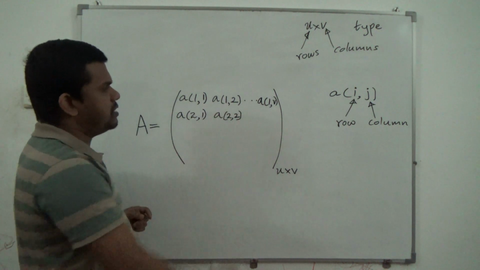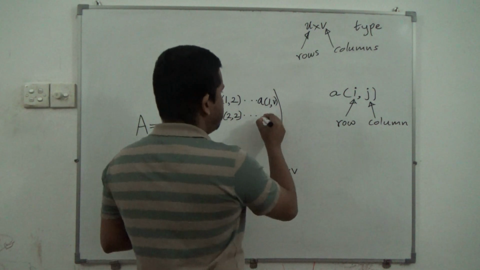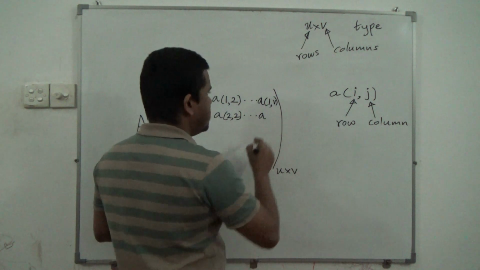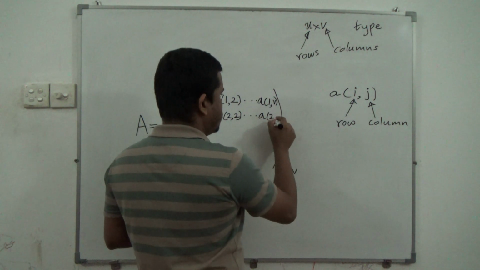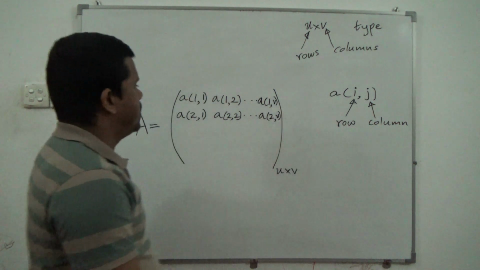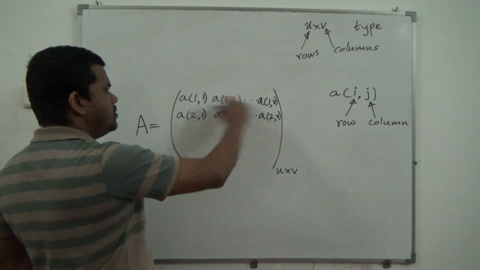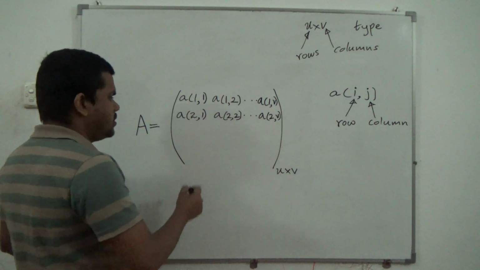This is the second element of the second row. Likewise, the last element of the second row we can write 2 comma V. In this way, we can write down the rows.